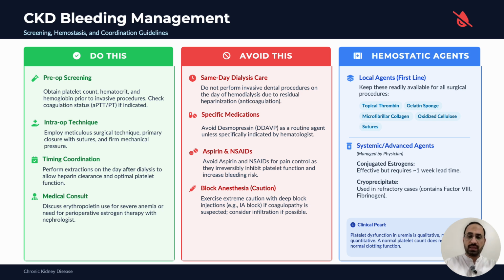Therefore, before surgery we should obtain a platelet count, hematocrit, and also coagulation status. Always use meticulous surgical techniques, primary closure, and local hemostatic agents. We must have local hemostatic agents available in case of bleeding, such as topical thrombin, gelatin sponge, collagen, oxidized cellulose, and of course sutures.